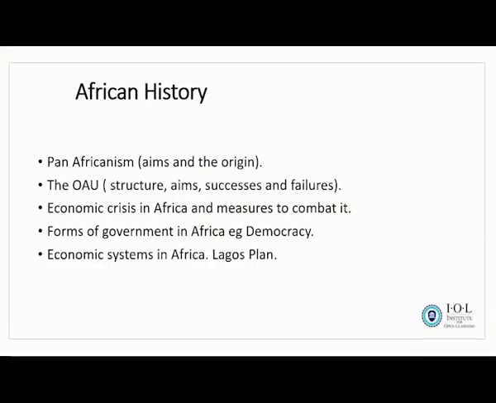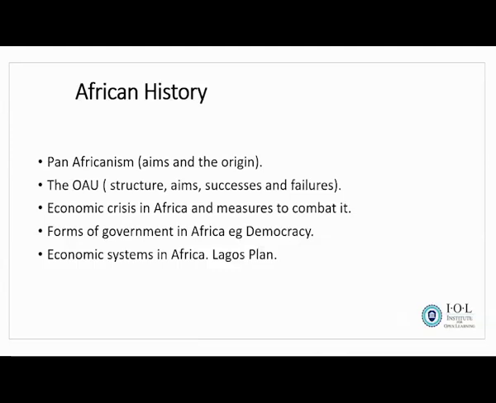The forms of government in Africa. For example, you are given an example here, it's democracy. Many a time, students also confuse forms of government with economic systems or economic crisis. Forms of government are on the political side of the country. So, you are given an example like democracy.